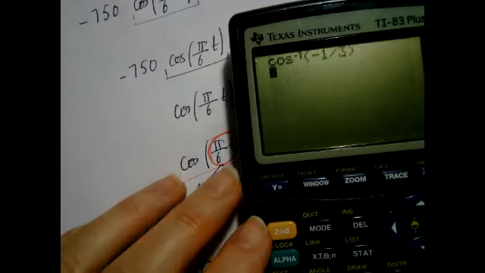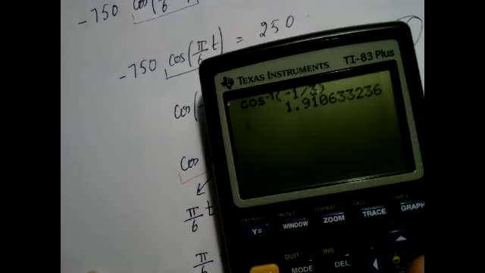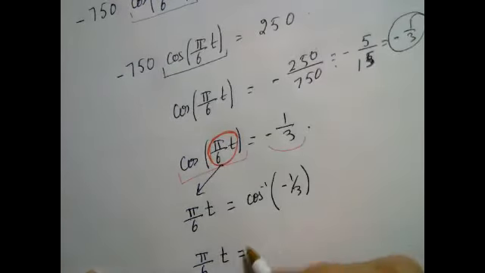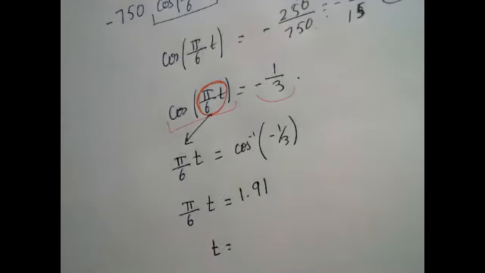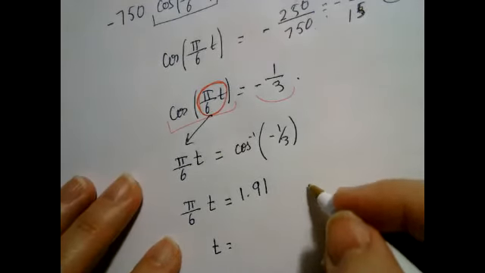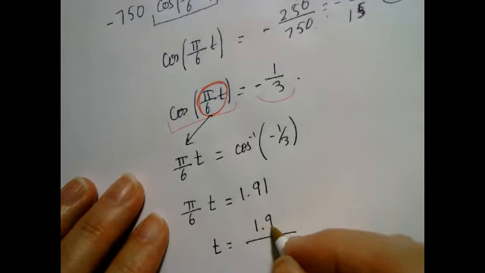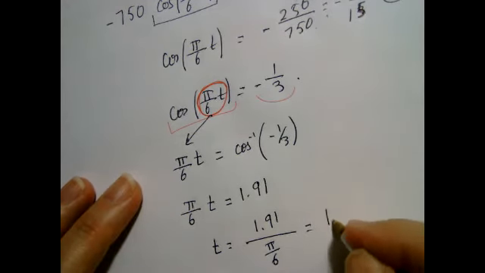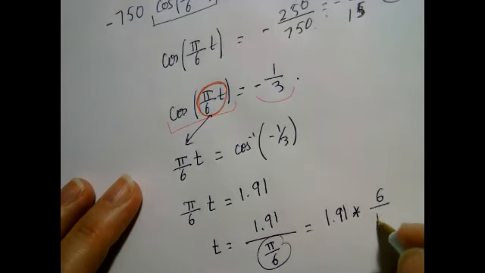Okay, I did something stupid, I guess. Cosine inverse of minus 1/3, it's 1.91. Okay, I want the t. So you can multiply by 6 over pi, or if you want, you can divide by pi over 6, whichever you're comfortable with, which is the same thing as times, using the property of fractions, 6 over pi.